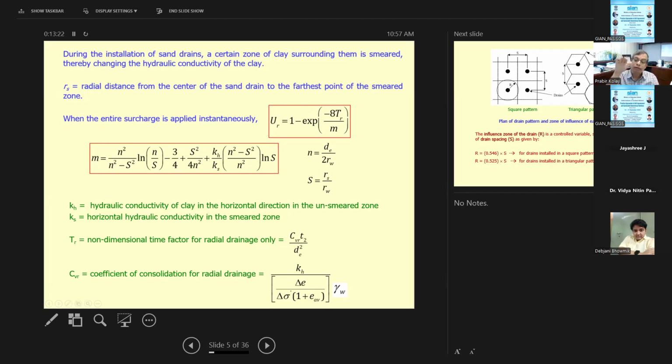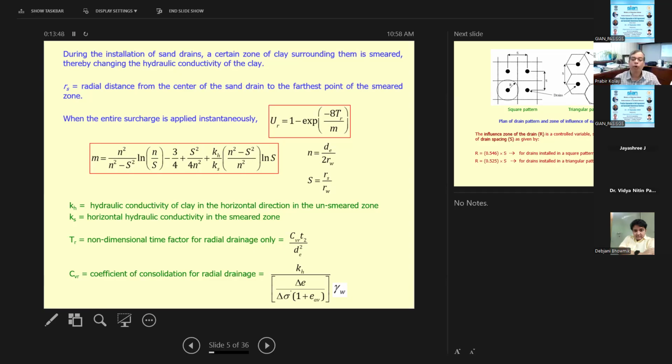Earlier, in normal consolidation, CV generally is the vertical consolidation coefficient. We generally don't write CVV, but here you see CV with suffix R, that is for the radial direction, and t is the time, and DE is the equivalent diameter, depending on the arrangement of this. So there is an equation for that.